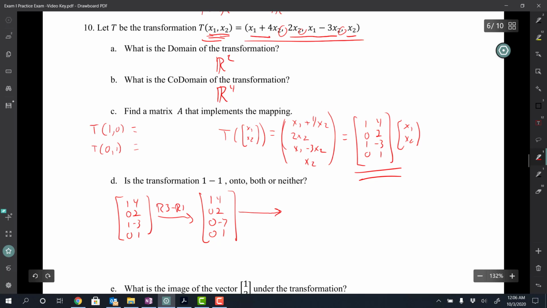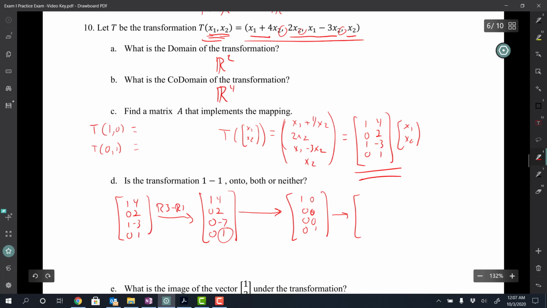Now I'm not going to write down these row operations, but essentially I'm going to use this 1 to get zeros above it. So I'm going to take row 3 plus 7 times row 4, row 2 minus 2 times row 4, row 1 minus 4 times row 4. And the result is going to be 1, 0, 0, 0, 0, 0, 0, 1.